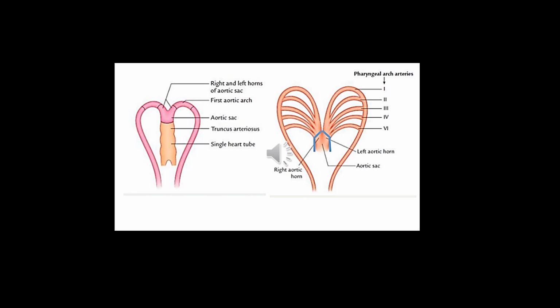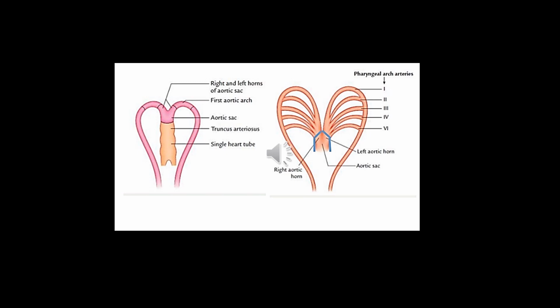In this diagram, we can see on the left side the further description of the truncus arteriosus if we trace it cranially. So how it forms the aortic sac and the ventral aorta, the right and left horns of the aortic sac. These are all nothing but the parts of the truncus arteriosus itself.